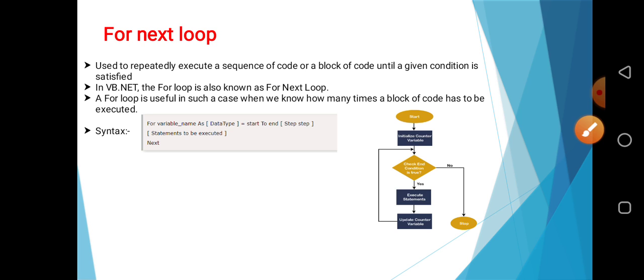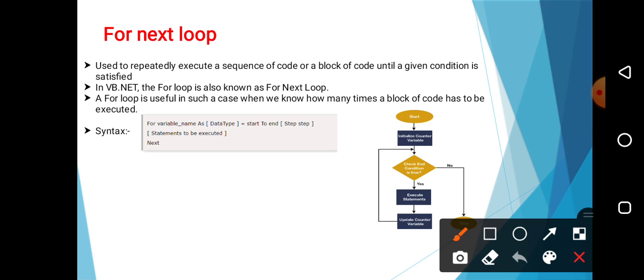The next one is the for loop. The for loop in VB.NET is also known as the for next loop. It is used to repeatedly execute a sequence of code or block of code until the given condition is satisfied.